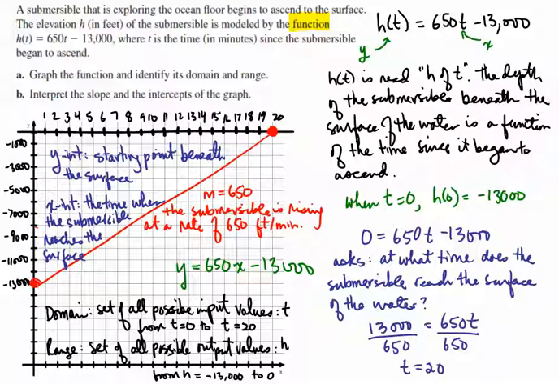And so we put in a time, it'll give us back the height beneath the surface, or the depth, but it will be a negative value. So this is what we mean by functions here. And I will stop this video at this point.